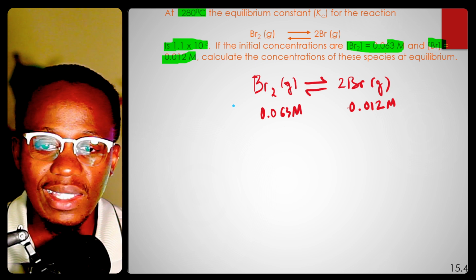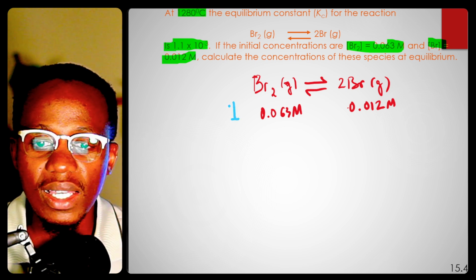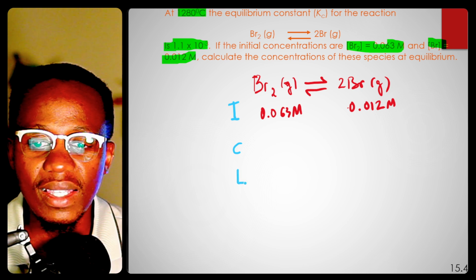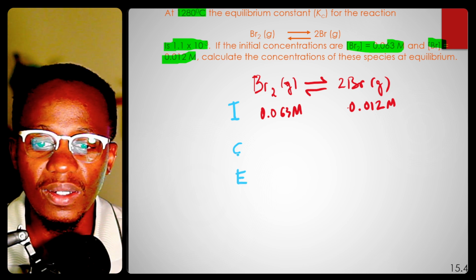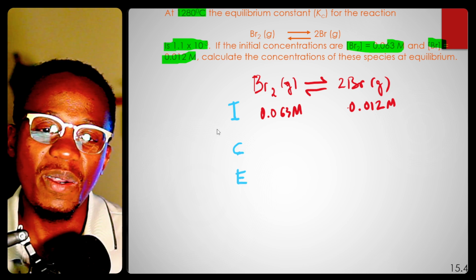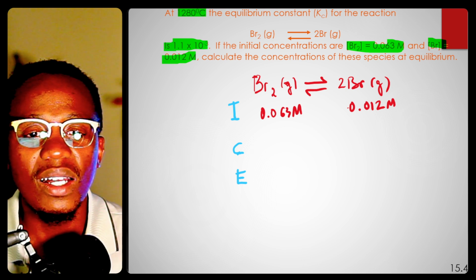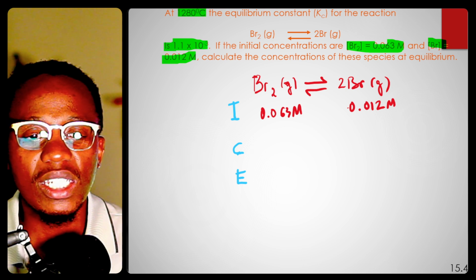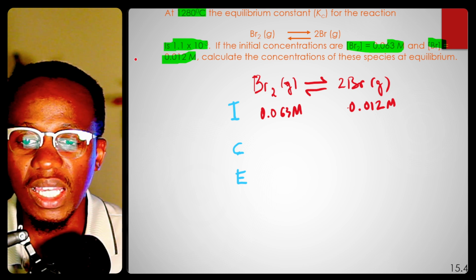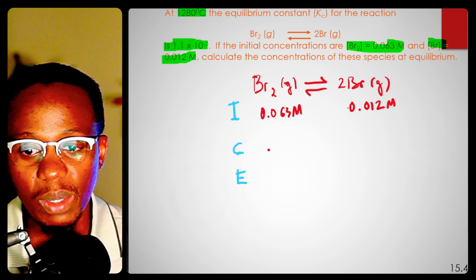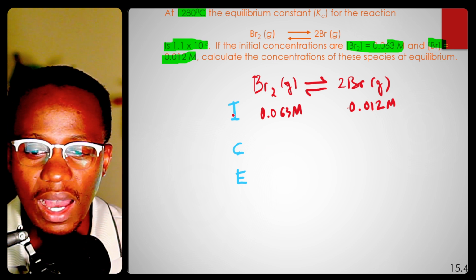It's called the ICE table. I is initial, C is the change, E is the equilibrium. The ICE table helps us track the changes in concentrations as we go to equilibrium.